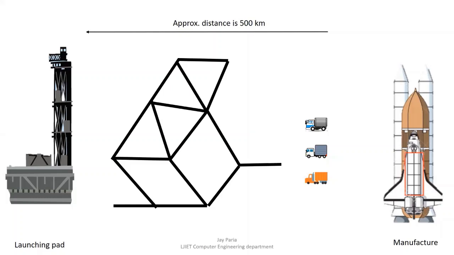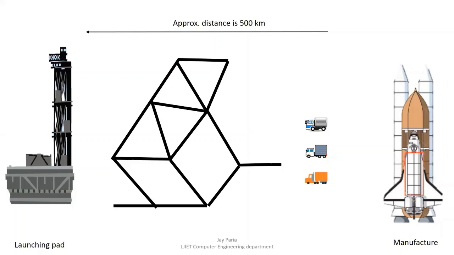So what we can do is divide this problem into smaller parts. We will divide this task of transferring the space shuttle from the manufacturing place to the launching pad into small tasks so that we can achieve the goal.